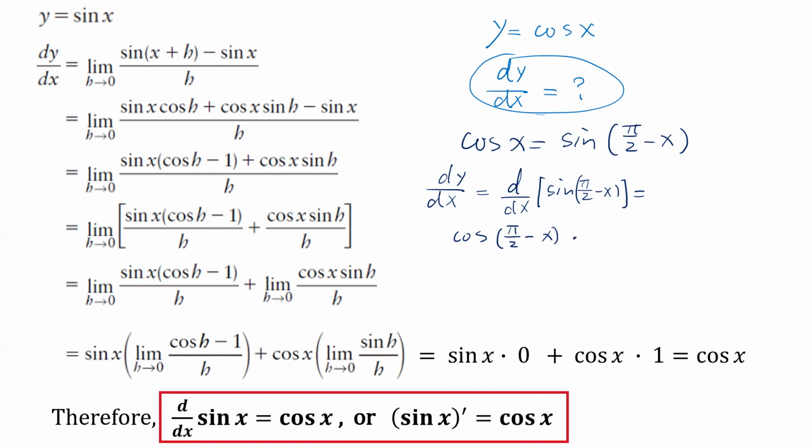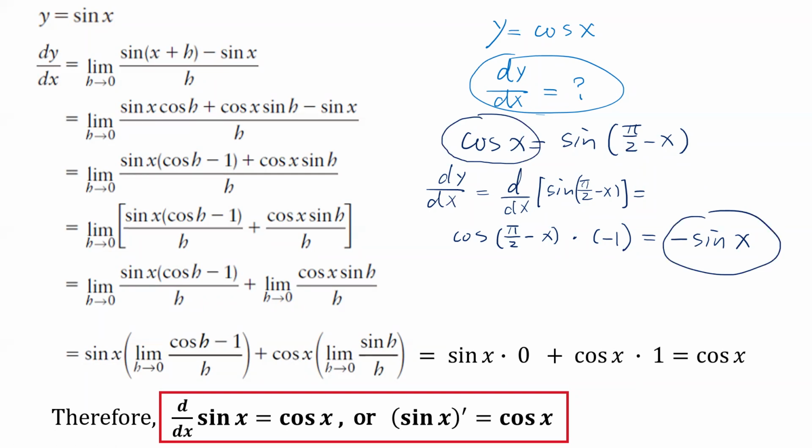So the derivative of the inner function with respect to x is just -1, right? And this gives us, so note here, cosine of half pi minus x, according to the trigonometric cofunction identity, is sine x, right? Sine x times -1 equals negative sine x. So the derivative of cosine x equals negative sine x.